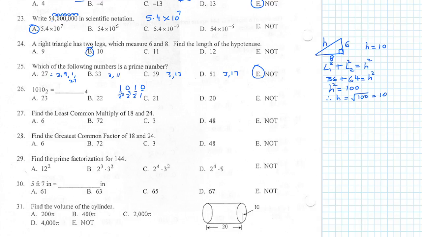So 2 to the power 3 times 1 is 8 times 1, plus 4 times 0 is 0, plus 2 to the power 1 times 1 is 2, and 1 times 0 is 0. So this is 8 plus 2, which is equal to 10.